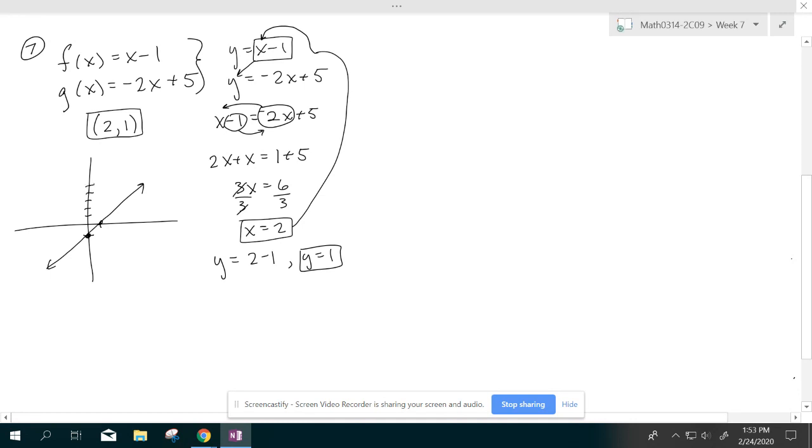So I'm going to go way up to 5. And then what is his slope? And so that's going to be rise over run, negative 2 over 1, which means I'm going to go down 2 and over 1. And I'm going to get a line coming through like that.